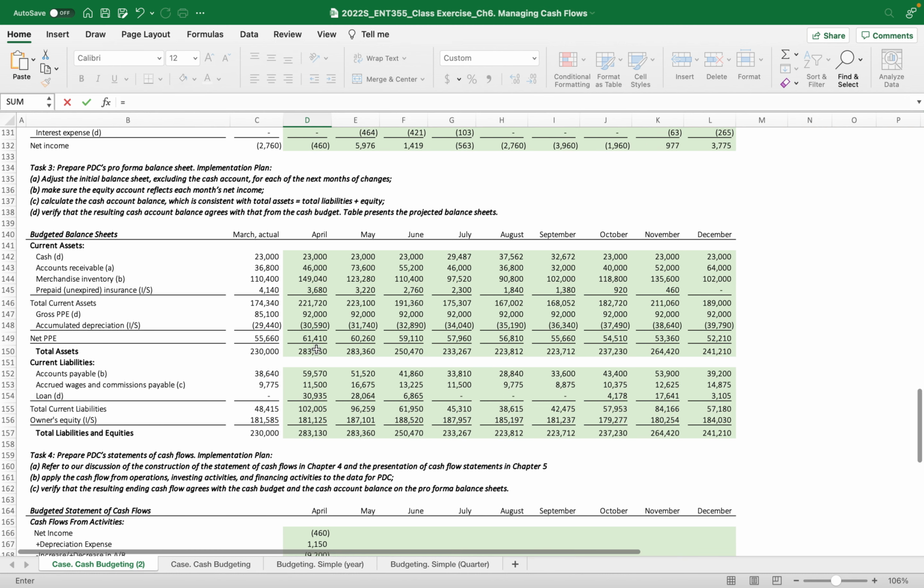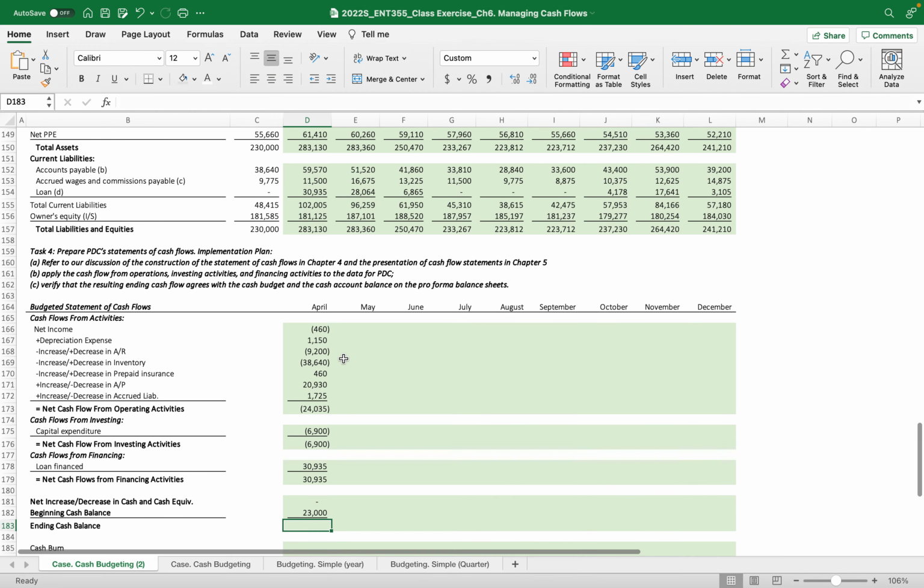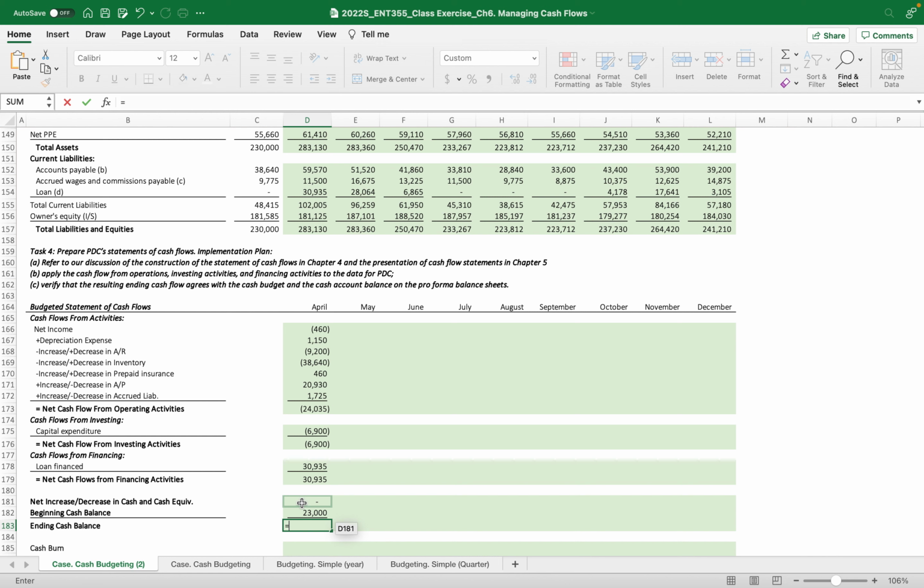Beginning cash balance, where is the beginning cash balance? It comes from the ending balance of the prior month. So we got this. And then the ending cash balance is 23,000.